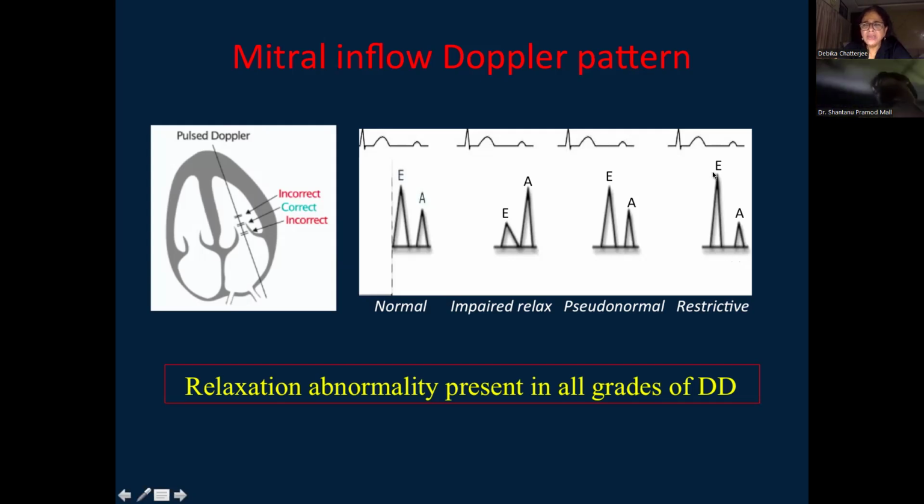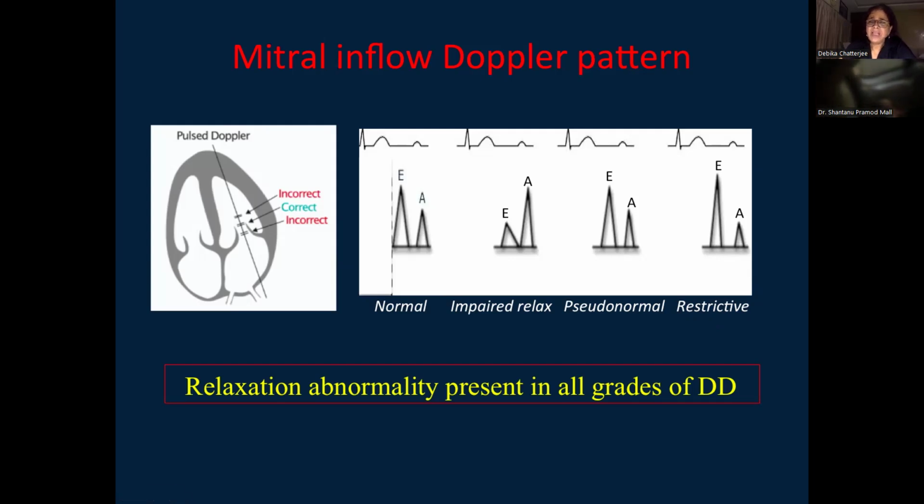So tall E, short deceleration, and a small A with a very high E/A ratio is the sign of restrictive filling pattern. Mind it, restrictive cardiomyopathy and restrictive filling pattern are two different things. So this is called a filling pattern of diastolic dysfunction, which is restrictive filling pattern.